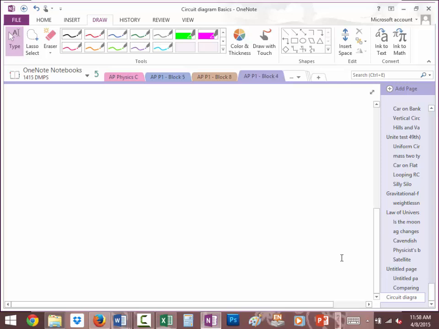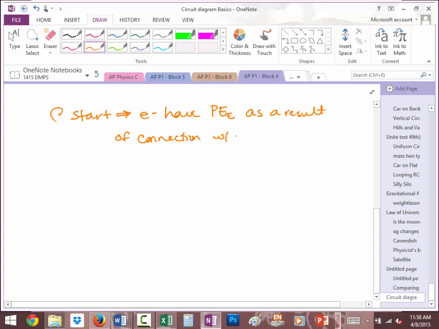Is it gravitational potential energy? No, you've got a new name for it. Anybody want to give it a new name? Hey, that's a good choice. So at the start, the electrons have electric potential energy, which is provided as a result of the connection with the battery.